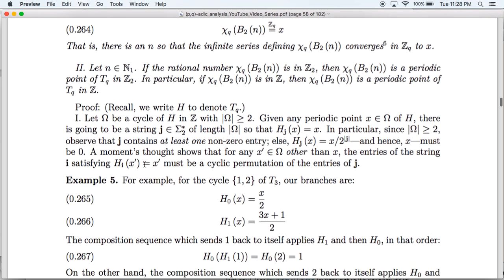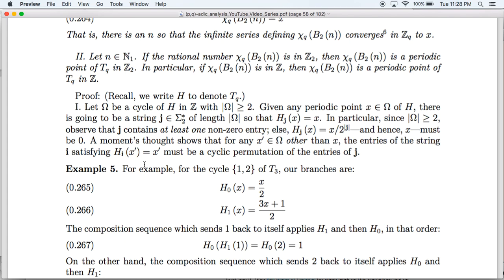And recall we write H to denote T_q. So let omega be a cycle of H in the integers with two or more elements. Given any periodic point x in omega, there's going to be a string bold J of length the number of elements in omega, such that the composition sequence H_bold J fixes x.